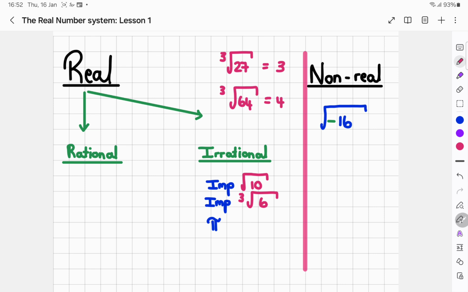Those are perfectly rootable numbers, and that would be a rational number. But the irrational numbers will be the imperfect square and the imperfect cube, as well as pi. So let me make that summary short, and then we're going to delve into the rational numbers. Those three are your irrational numbers.